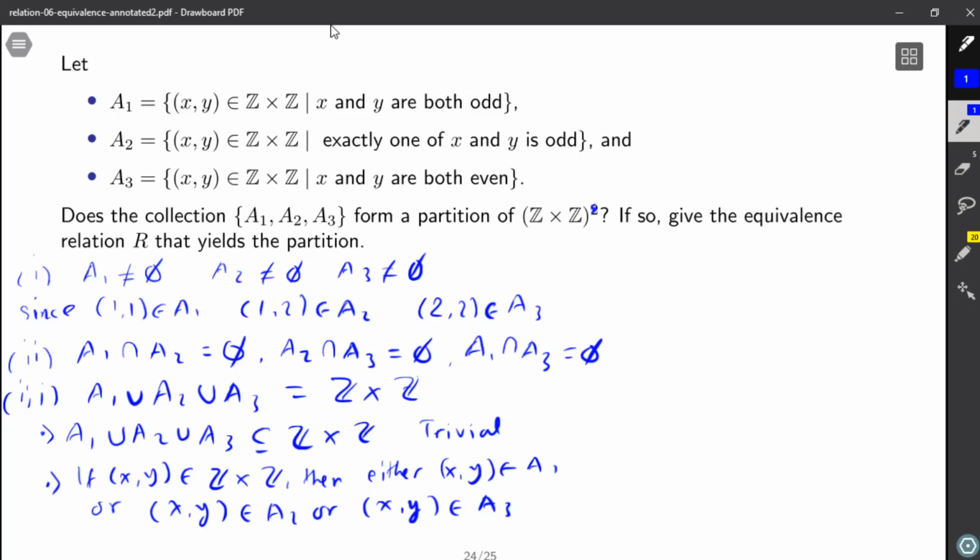There's no way for a pair of integers not to satisfy any of them.